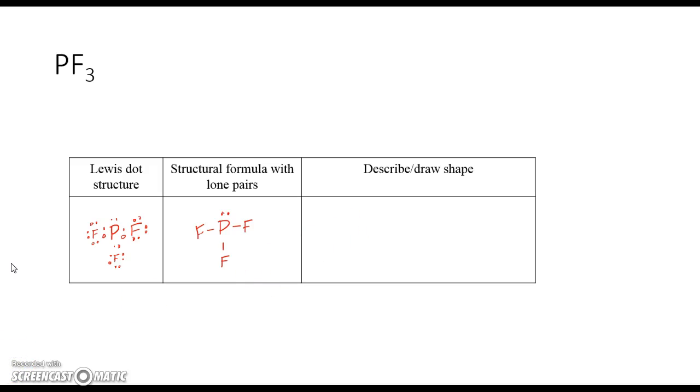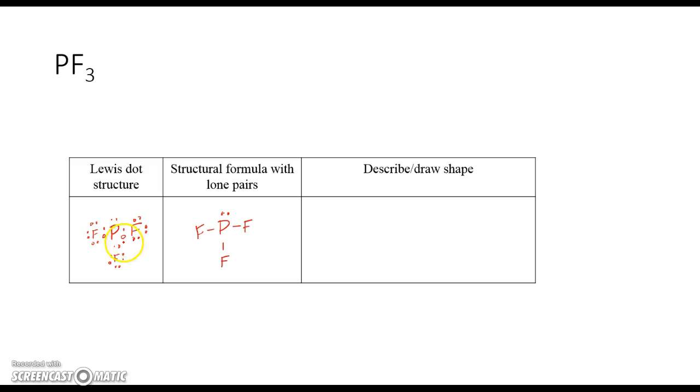So for this next molecule, we have phosphorus with 3 fluorides. Phosphorus, when I look at my periodic table, tells me that it has 5 valence electrons, 1, 2, 3, 4, 5. You notice that we have already a lone pair up here, but not a lone pair anywhere else. So that means that each of these single electrons is a location where a bond can happen, where they can share electrons.